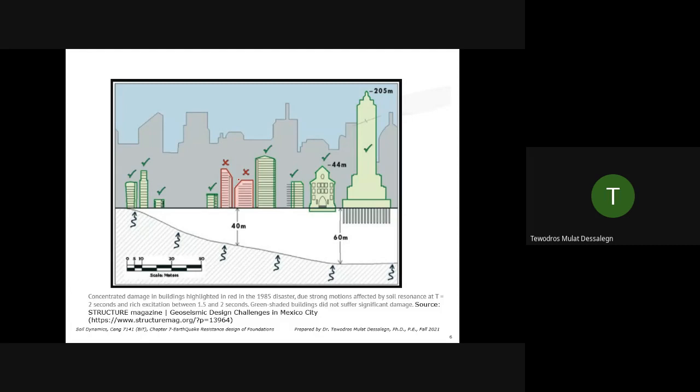So there may be buildings that didn't collapse even with a height of around 10 stories. But those buildings which have a period around 2 seconds, from 1.5 to 3 seconds, were catastrophically damaged. Very tall buildings with very high periods, and very short buildings, were not affected that much.